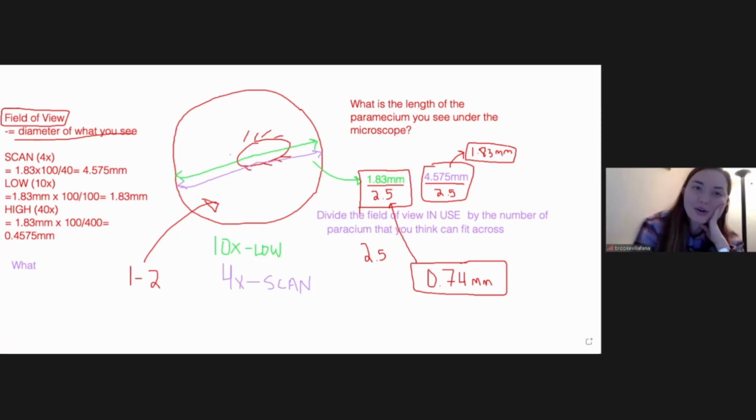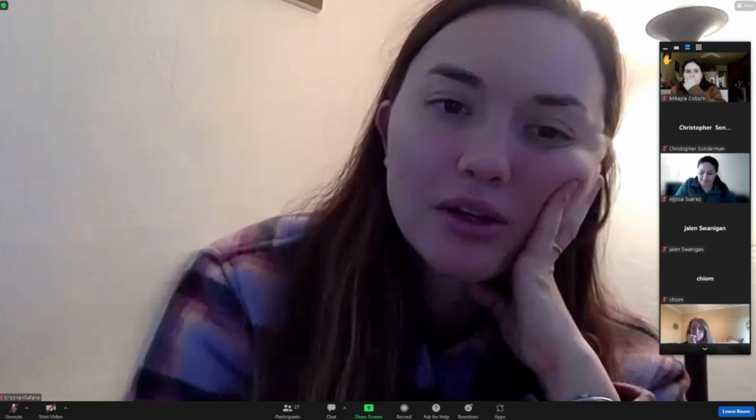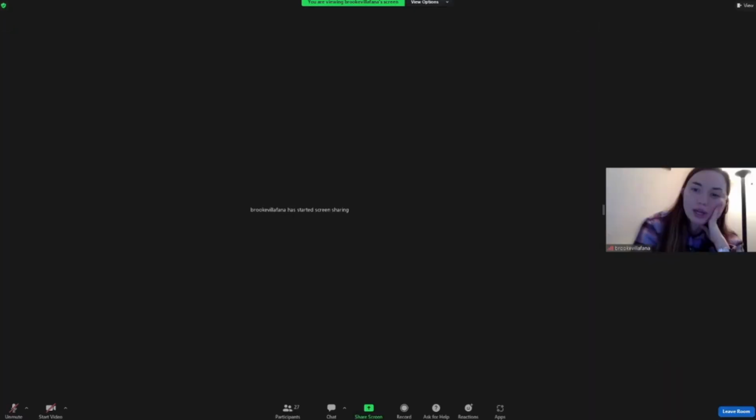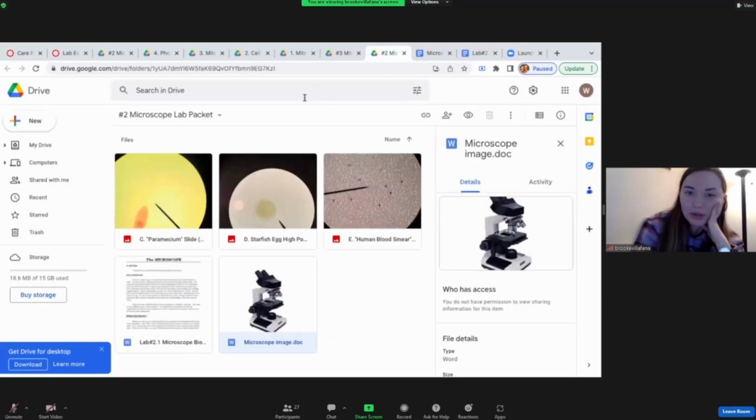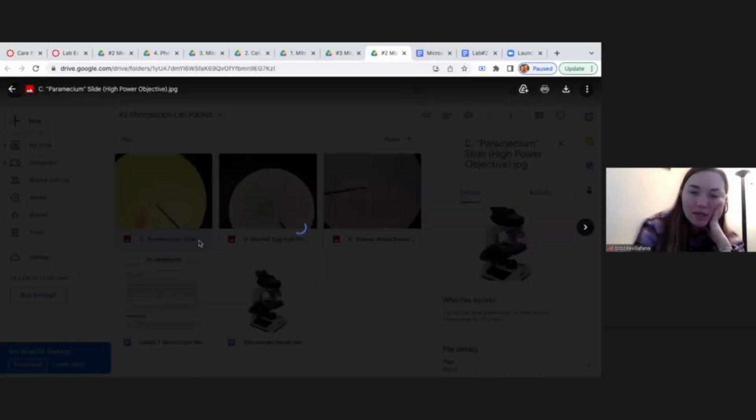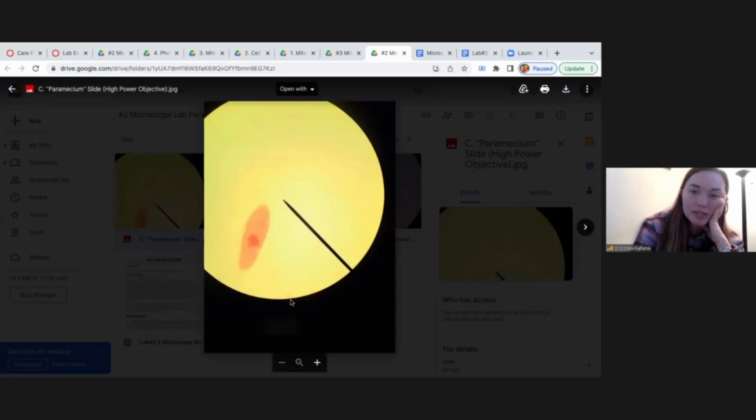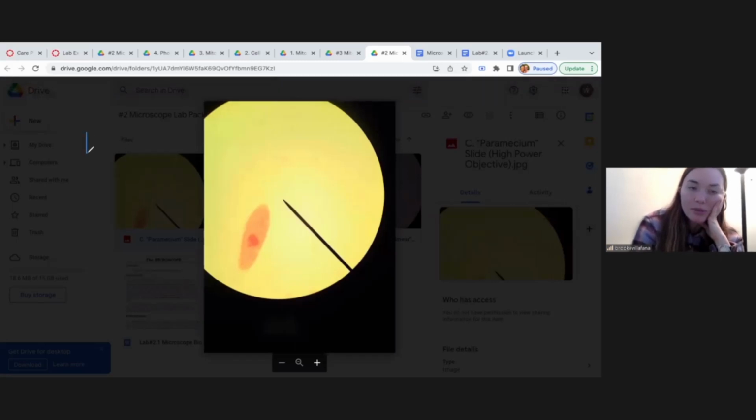Yes. So I'll show you guys another example just now. If we look at this one that looks more like an actual microscope, we'll do another one here and then maybe that'll help you see it two ways. So this one looks like a real microscope this time. Let's say that you walked up to this microscope on your test, or maybe you're using it in lab to fill out your packet.